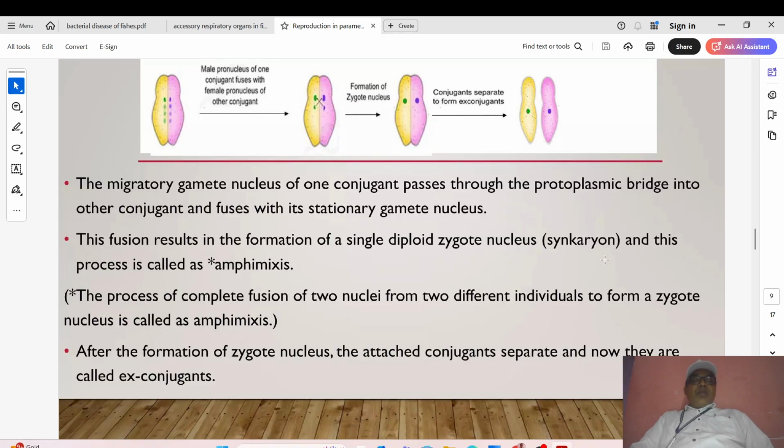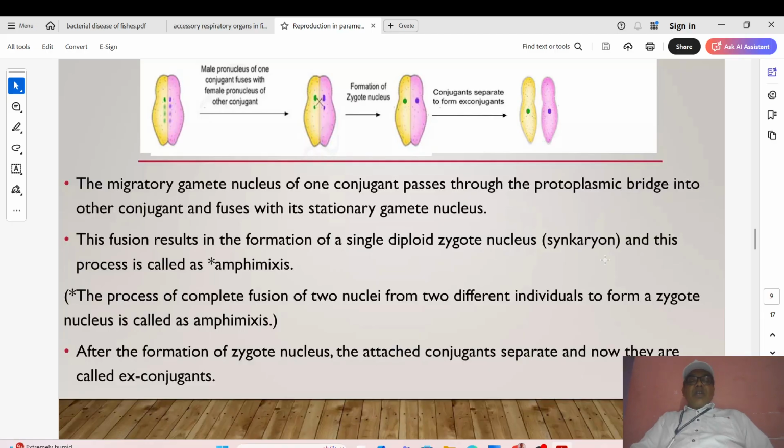This process is also called amphimixis. See, the complete fusion of two nuclei from two different individuals to form a zygote nucleus is known as amphimixis.